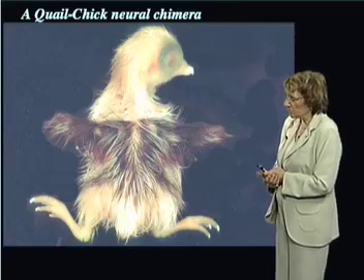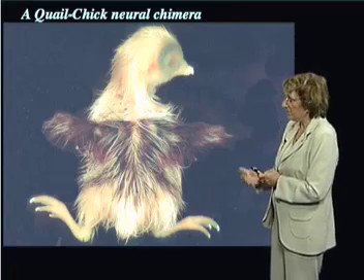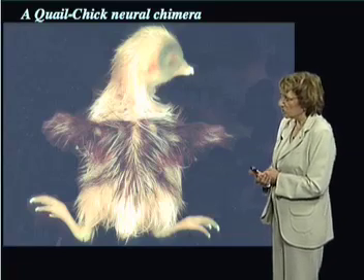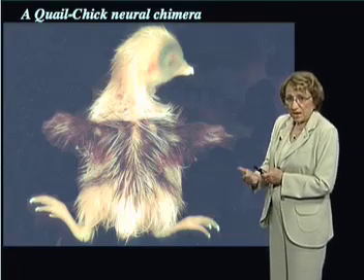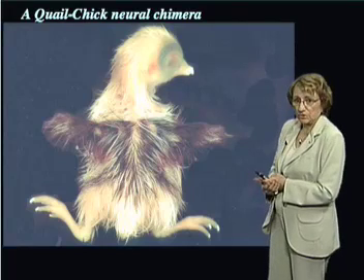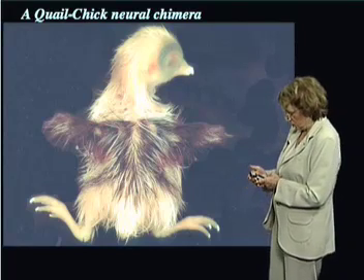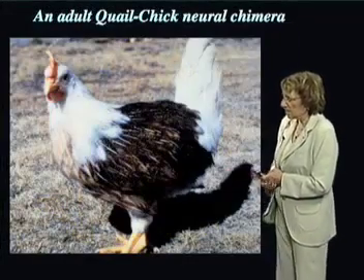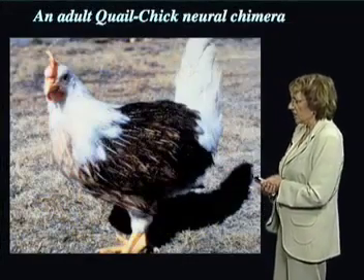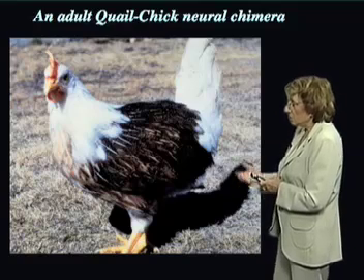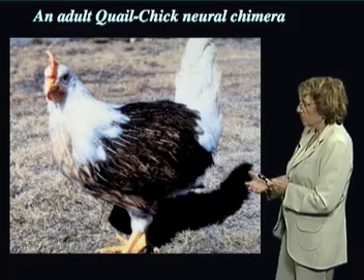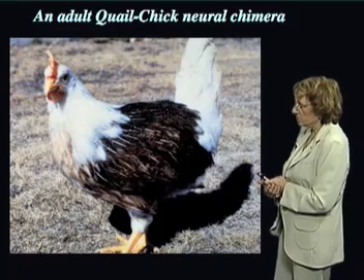These feathers, of course, belong to the chick, but they have been colonized by the precursors of melanoblasts, which arise from the quail neural tube which has been implanted into the chick. These birds can hatch. You can see here a quail-chick neural chimera, which is 3 months old. It can walk, it can fly, it can compete for food.